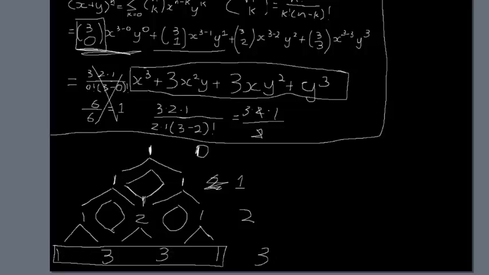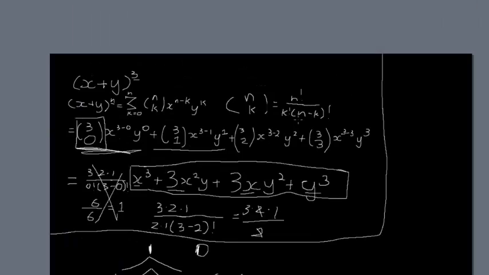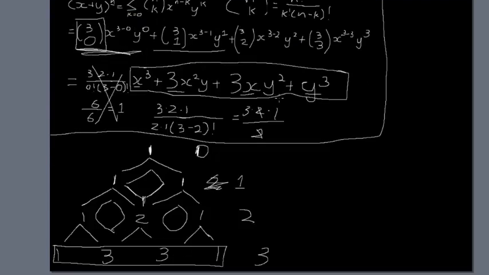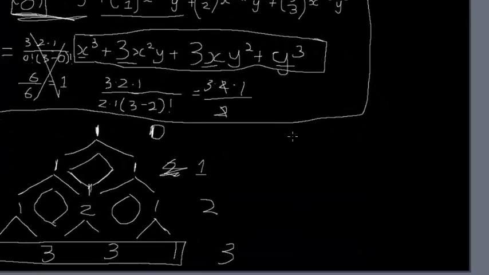And if we kept continuing on, we can just easily find out the first part of every single formula. So for example, if we wanted to find x plus y to the power of 4, right? We just go one step further. So 1, 3, 3, 1.